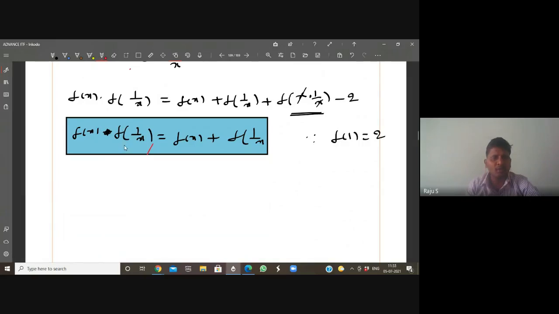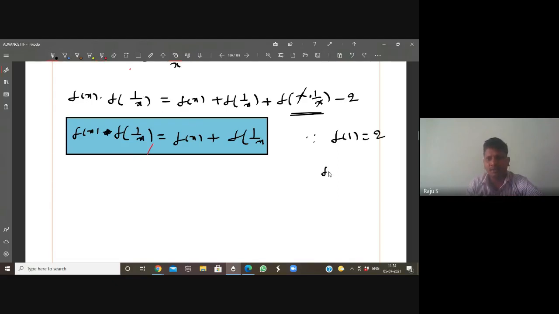I have given a few important conditions. Students, which function satisfies this condition? Yes, I told you, very important conditions I have written in the previous class.